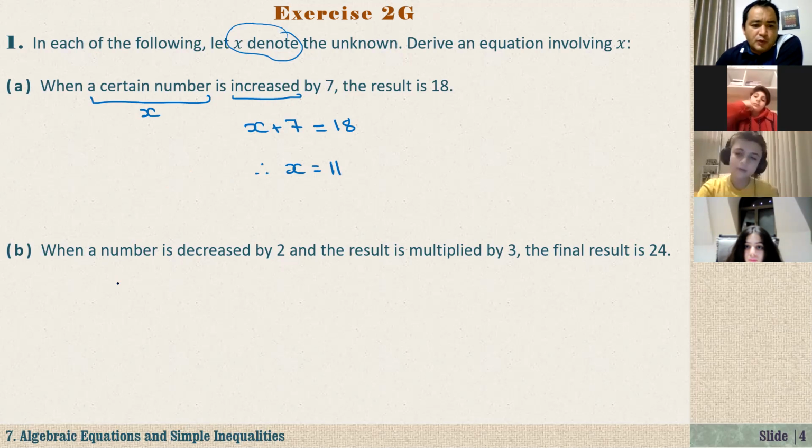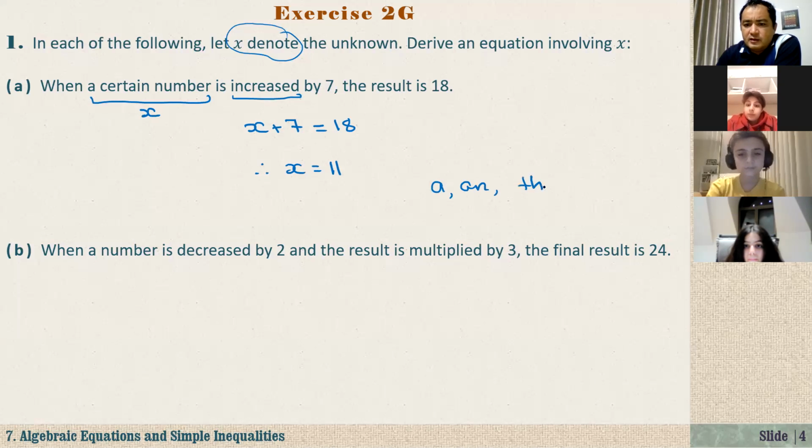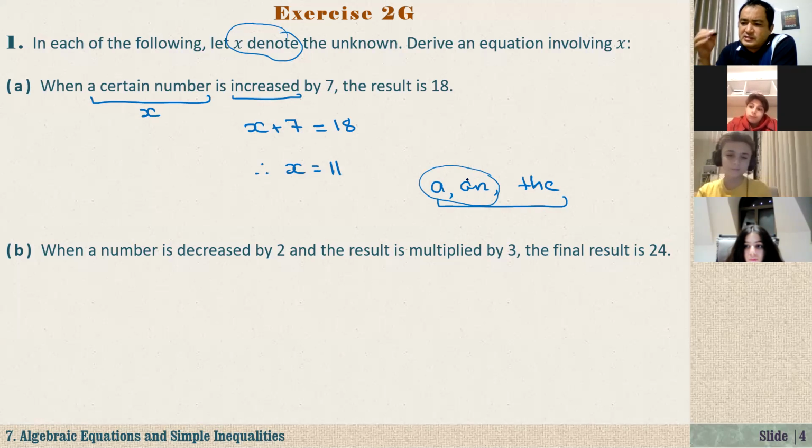Anyway, so when a number is decreased, again here, a number, in English, we know that A is an indefinite article, right? We don't know that thing. We have two different articles, A and the. Usually we use A and AN for indefinite things. It's not definite. We don't know what it is.